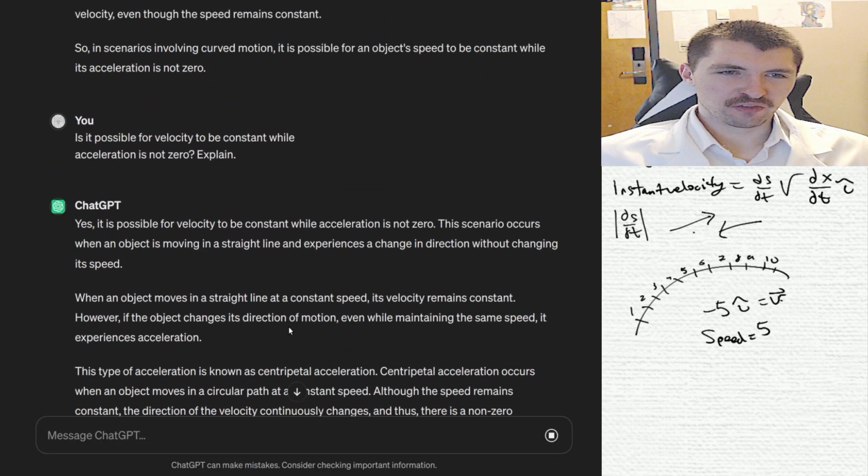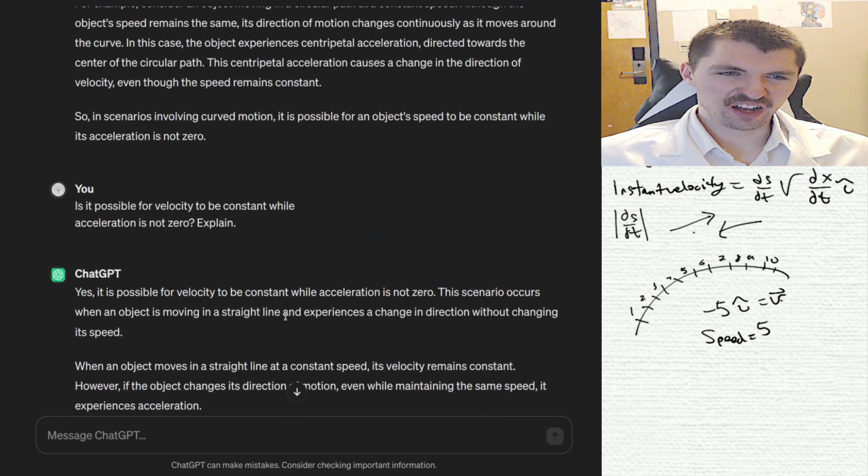It's possible for velocity to be constant. Acceleration is not 0.